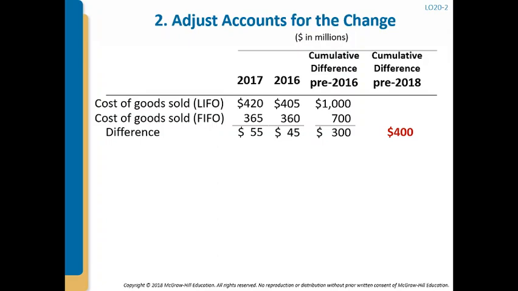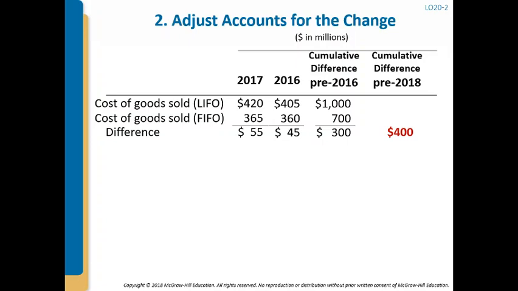All right, back to this. You've got to make any adjustments for any accounts that are affected by the change. As we saw, you've got a change in pre-2018 in the inventory account; it is 400 million more than what was reported.